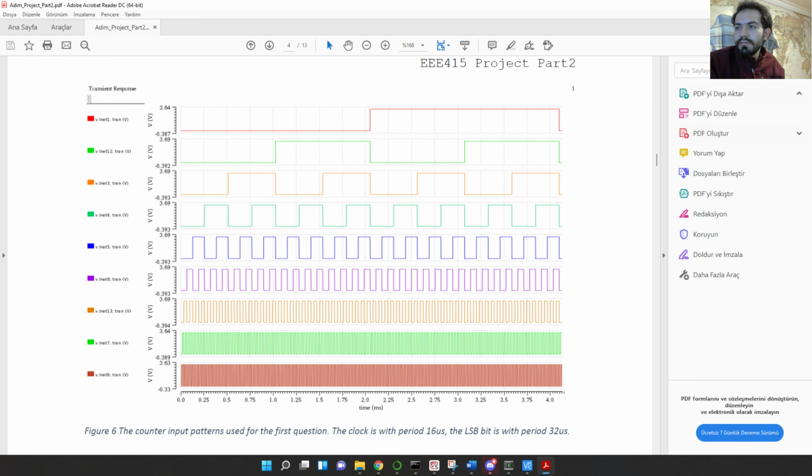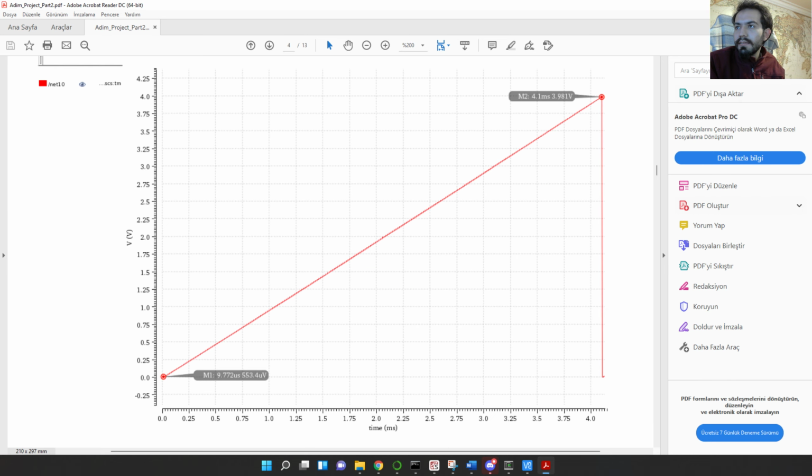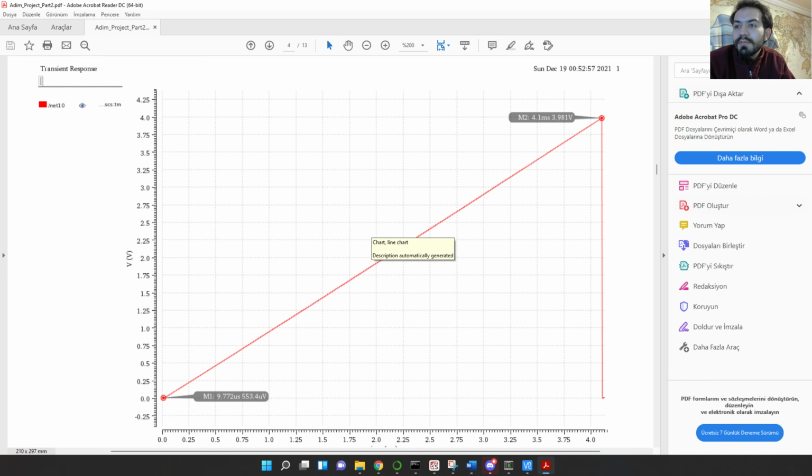Here's our input counting, as you can see, and here is our output response. It is quite linear. It covers the whole range we want, and more importantly, we don't have any current spikes at any step.